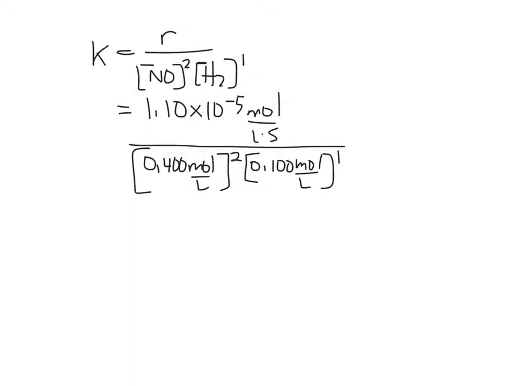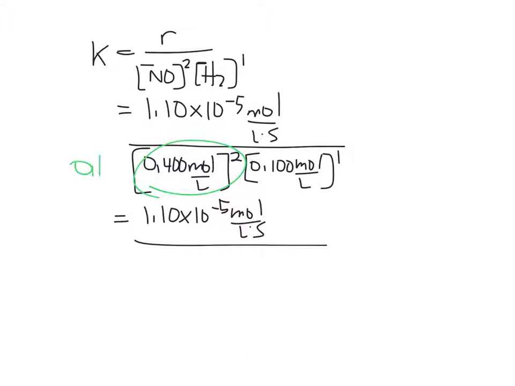So 0.4 squared is 0.16. So this becomes 0.16. Multiply that by 0.1 and we're left with 0.016, but we've squared our units here times moles per liter here, so our units become mole cubed over liters cubed.